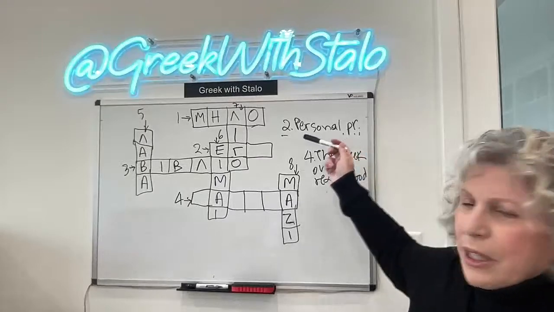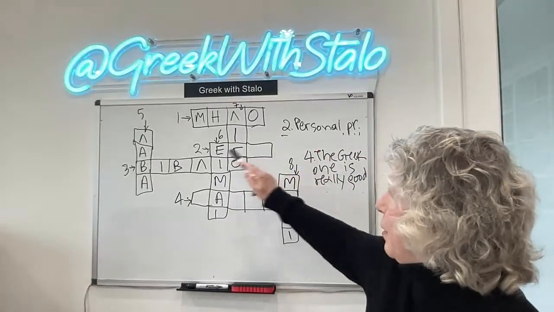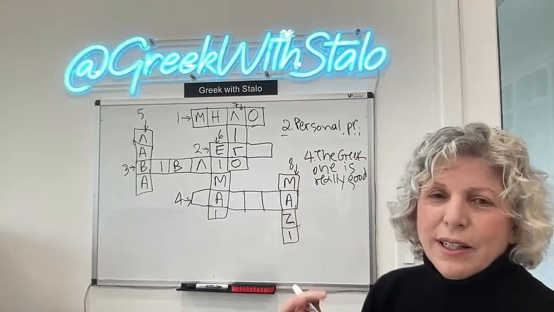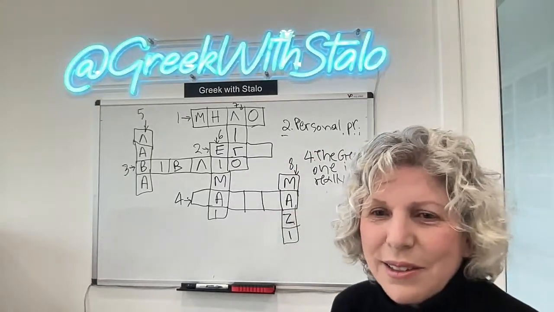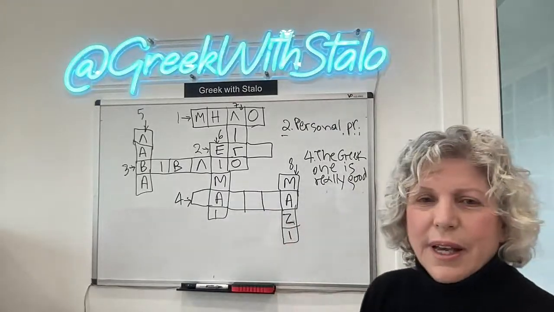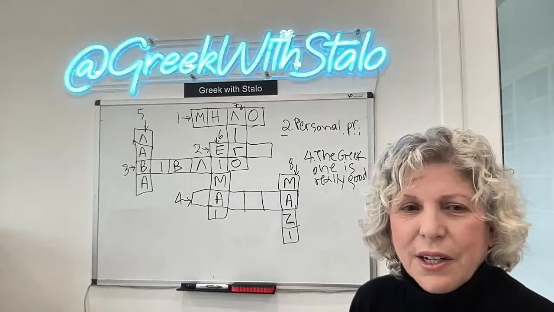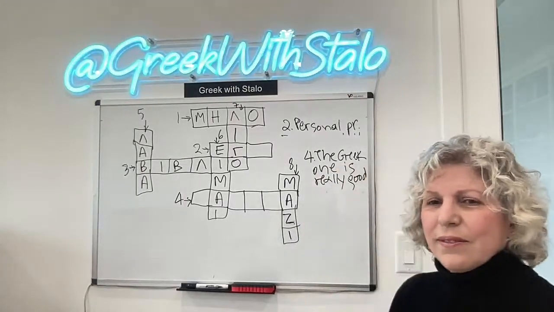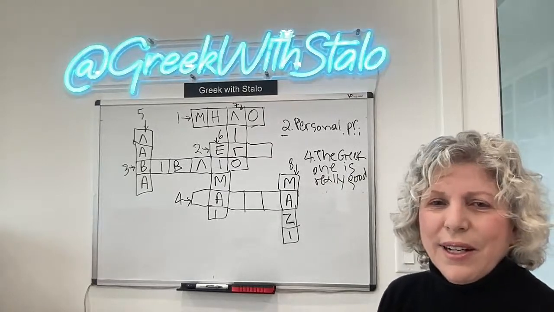So we have number 2 here, which is a personal pronoun, and you already have 2 out of the 3 letters. And we have number 4, and the definition for that is the Greek one is really good. Any ideas, anyone?